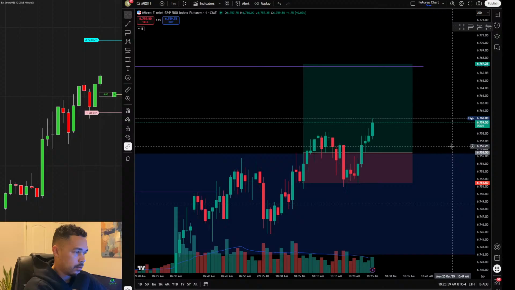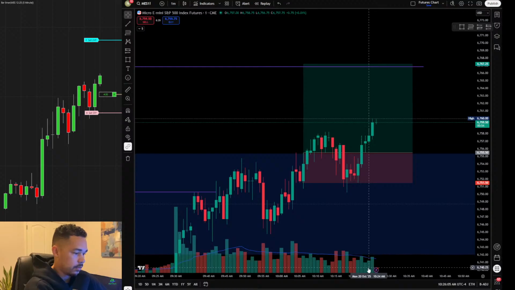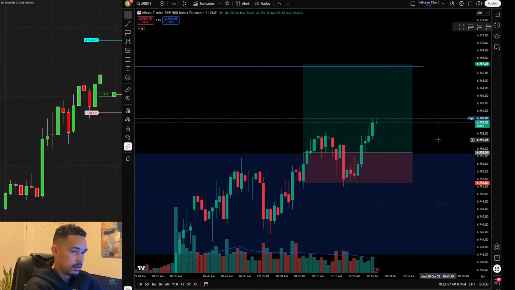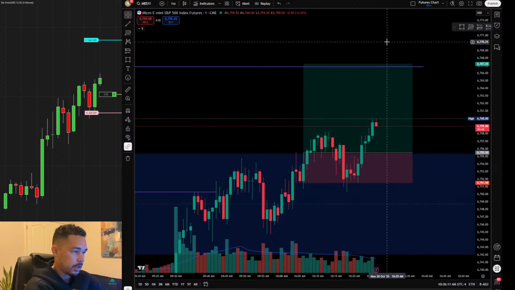Okay, we're currently pushing up at 67.59 area. Let's see if we can continue to get a strong push. We are getting some buying pressure coming into the market, so let's see if we can get a strong push and take out this high up here.